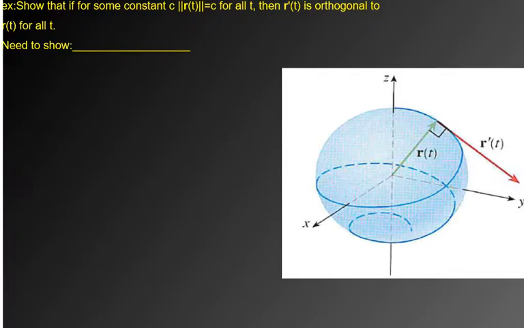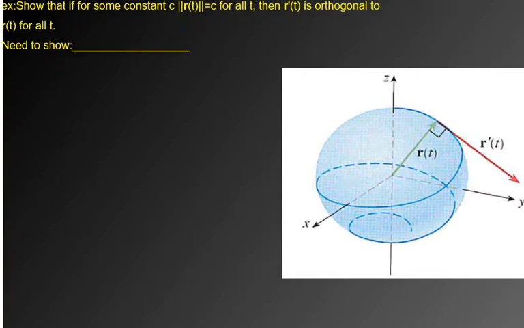All right, so basically this picture. We want to show that, given this condition, this magnitude part, the derivative vector will always be perpendicular to the r of t, the original thing, okay?